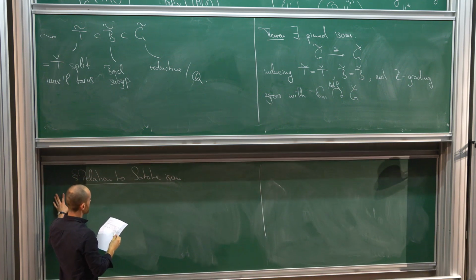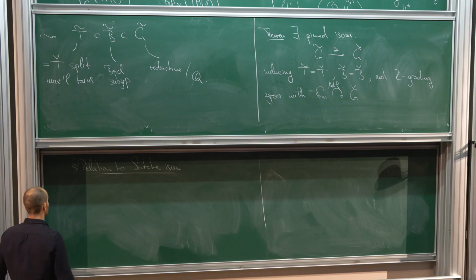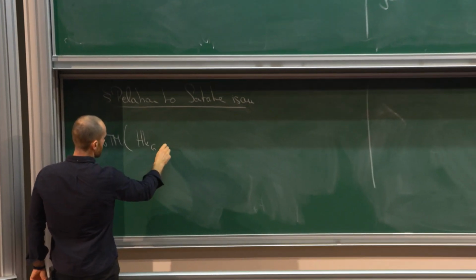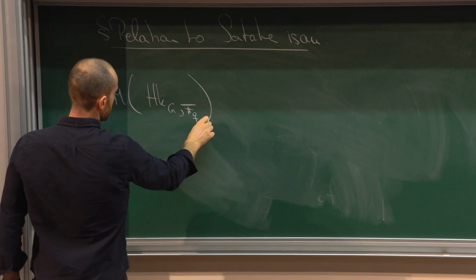Let me write one diagram and then stop. Namely, to connect it back to the classical Satake isomorphism, we base change the Hecke stack to the finite field F_q.